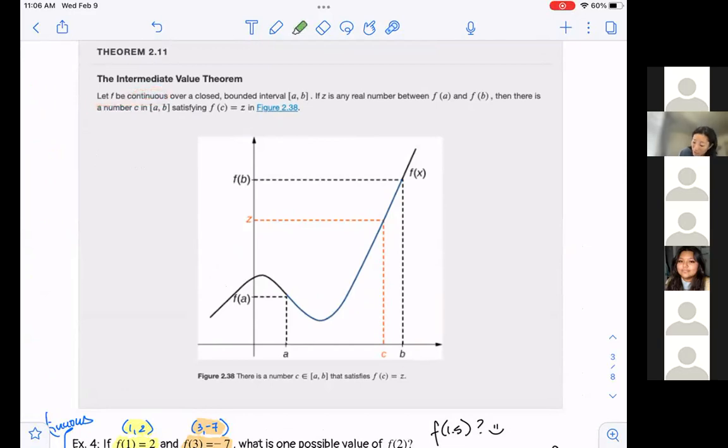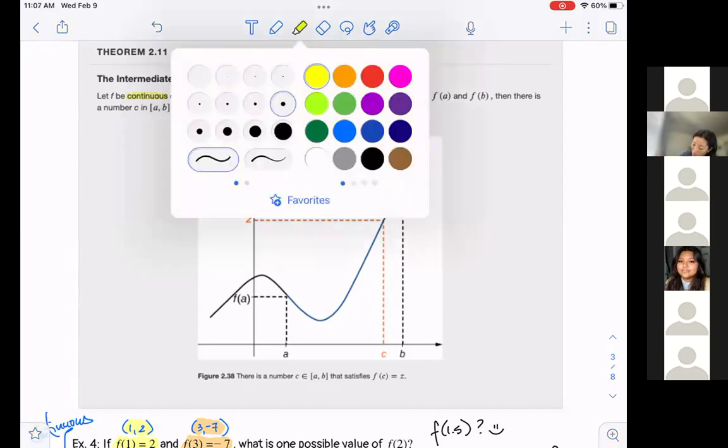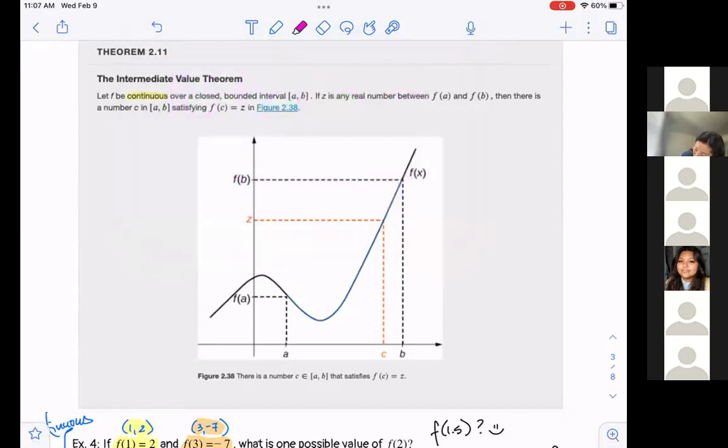As I were reading this, I would even highlight that because we just did a few examples, and continuous was kind of a big deal, right? Even though it's only the 4th word in, it's kind of a big deal. So let f be continuous over a closed bounded interval a to b.